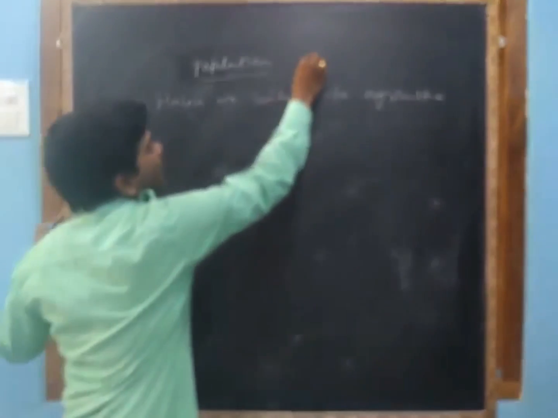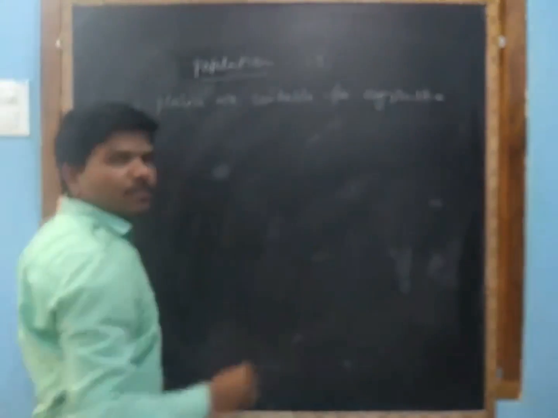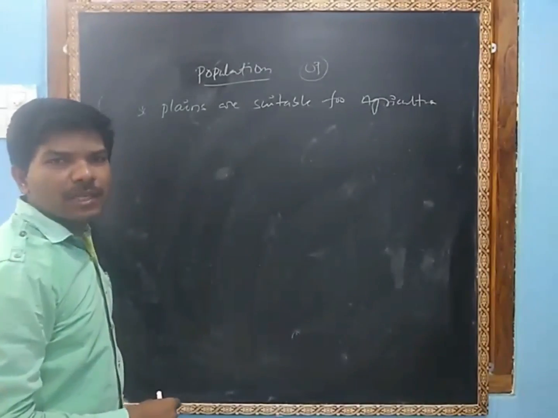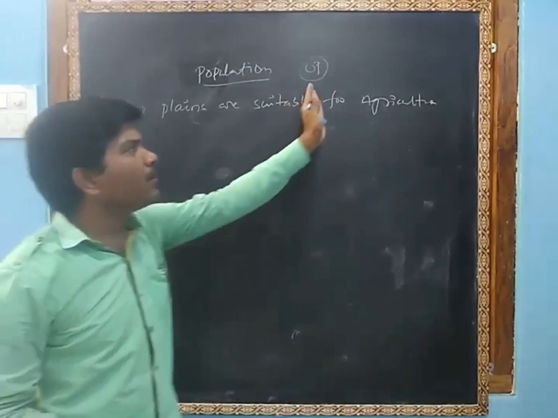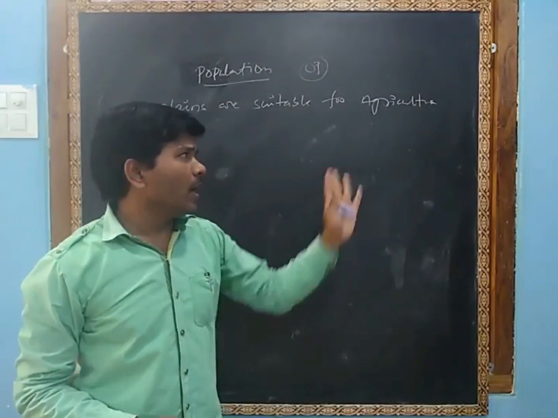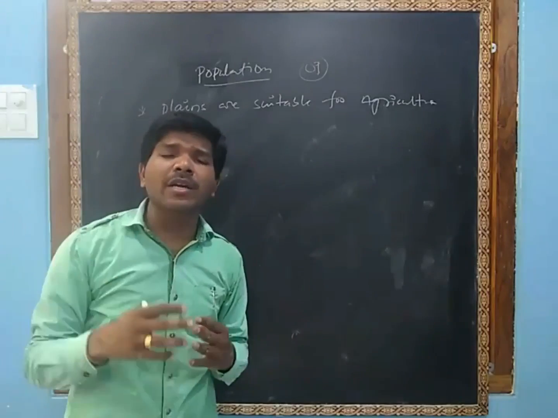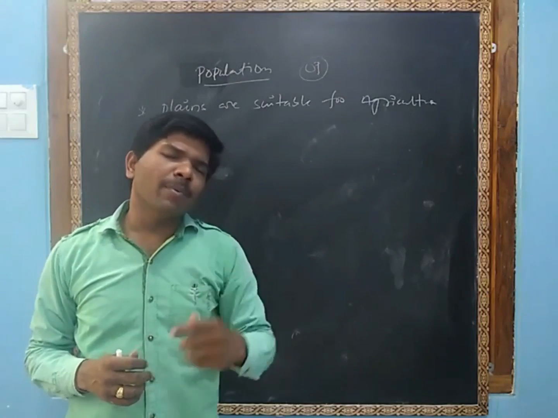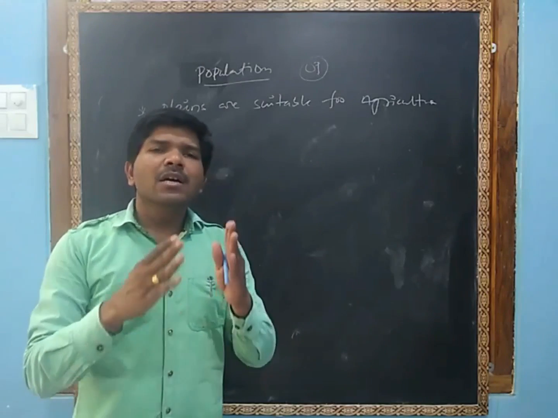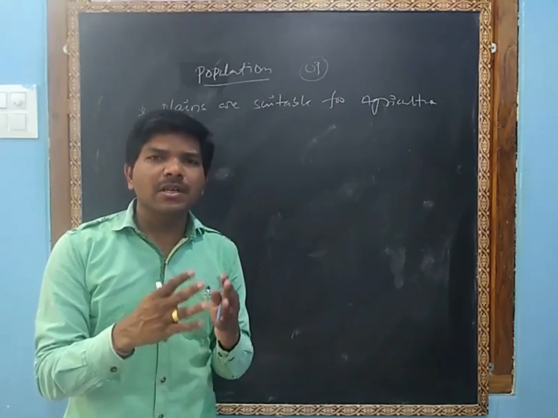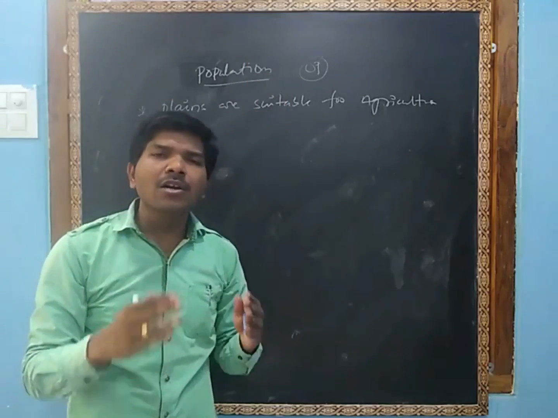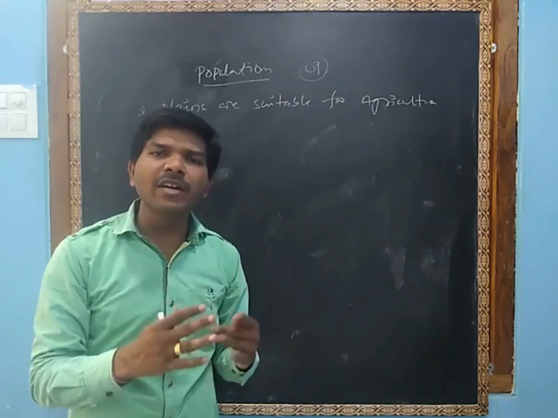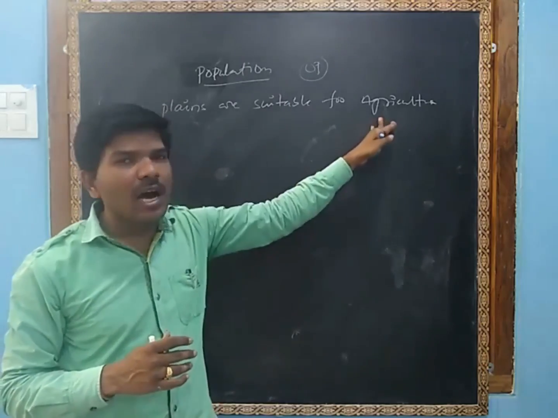In UP there is the highest population. UP ranks first in population. Why are many people living in UP? Why are most of the people not living in Arunachal Pradesh and Sikkim? Sikkim is the least populated state because of the terrain. Hilly areas are not fit for living conditions and not fit for agriculture.